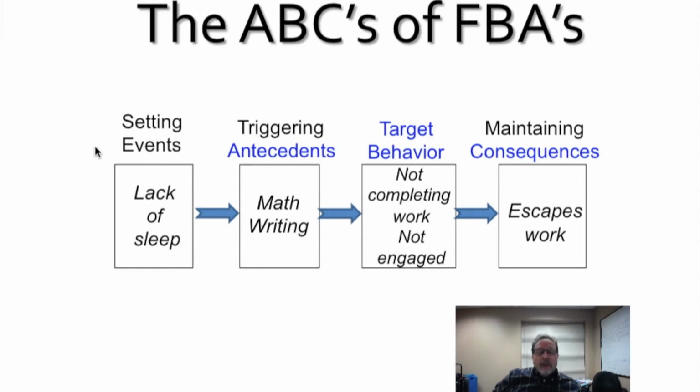Are they able to effectively escape having to do that work? Do they start to act out? Do they end up in a timeout? Do they engage in some other problematic behavior that functions to maintain the behavior that gets them out of that antecedent? So that's just a general description of the concept behind this process, using ABCs to conduct functional behavior analysis. General overview.